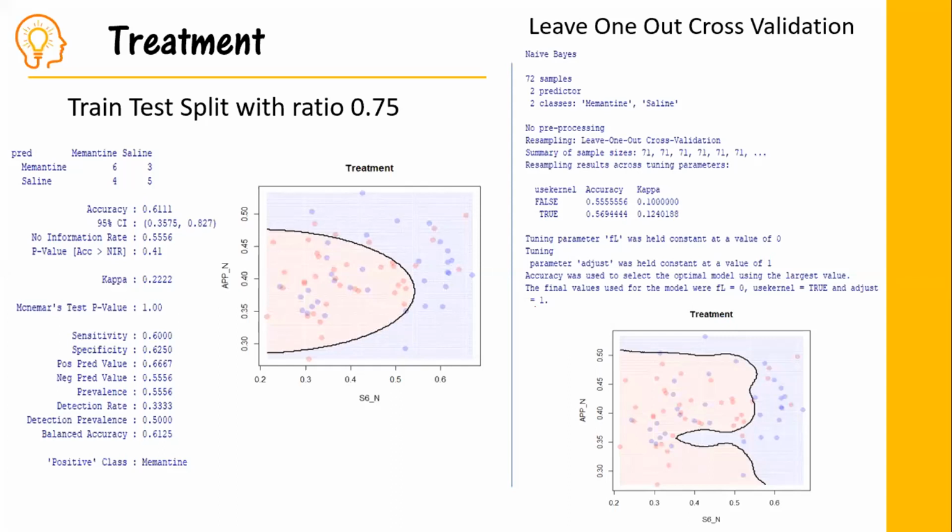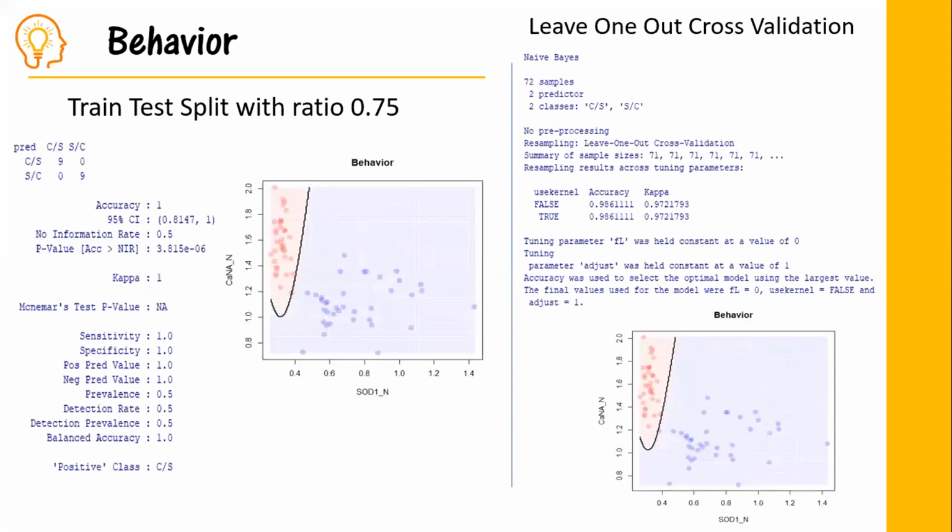I'm just curious how the decision boundary of the leave one out cross validation is obtained based on this model. I'm not sure, but I think it's because of the kernel. There's another function applied. Can we go back to the previous slide? The previous slide is using the same.